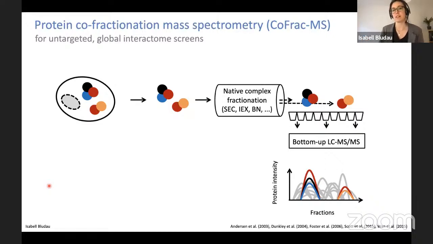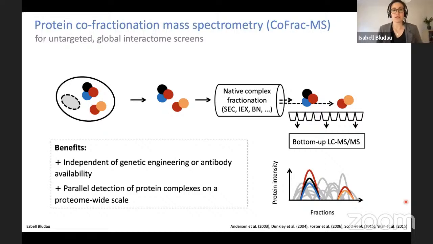Each of these sampled fractions is then analyzed separately by bottom-up mass spectrometry, and then what you get are these nice protein intensity chromatograms, where you can see the proteins eluting along the fractionation dimension, and proteins that form a stable complex will nicely co-elute together, as you can see for these two toy complexes here.